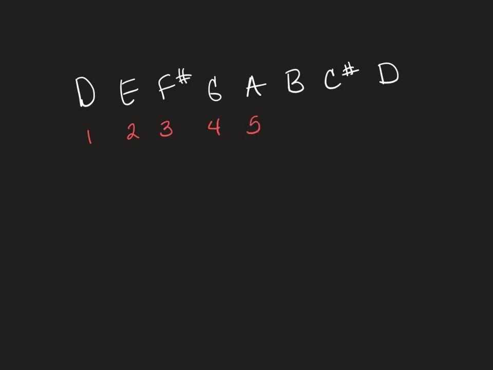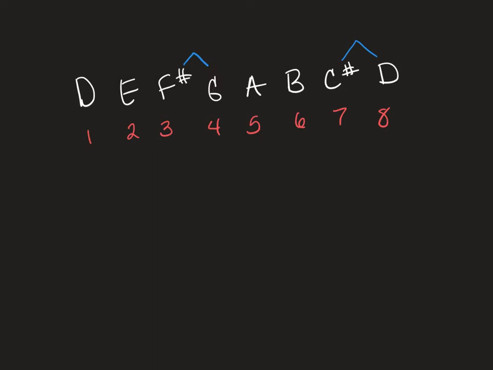We have D, E, F sharp, G, A, B, C sharp, and D. And so that we can apply this to other scales, I'm just going to put numbers underneath each of the notes real quickly. Okay, so that's our D major scale. And in this case, we have this half step right here between our third and fourth note, and we'd have a half step between our seventh and eighth note.